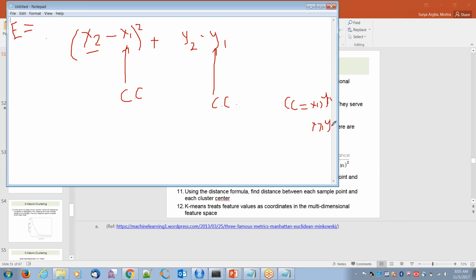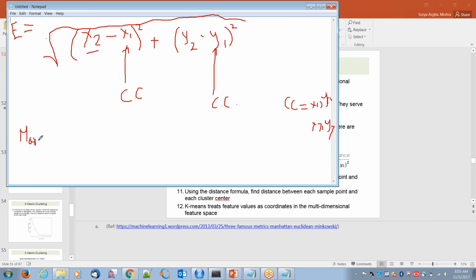Say we are doing it with two clusters, and these are our two cluster centers. I'm doing it only for the first cluster center. If we are doing Euclidean distance, then we do a sum of the squares, and then ultimately take the square root. So this is our Euclidean distance. Now this is Manhattan.